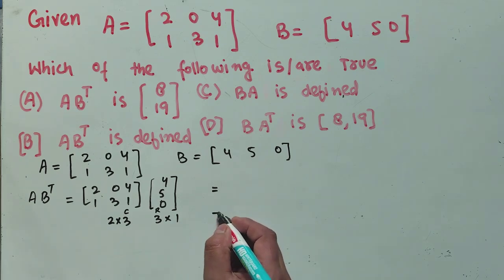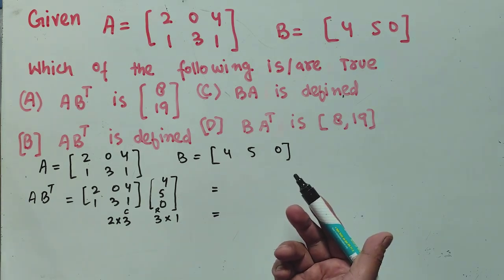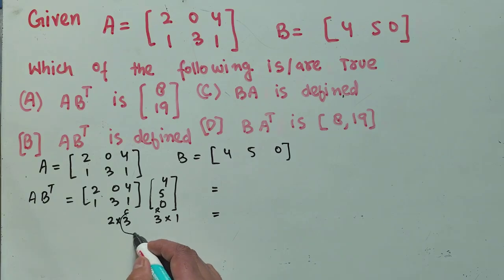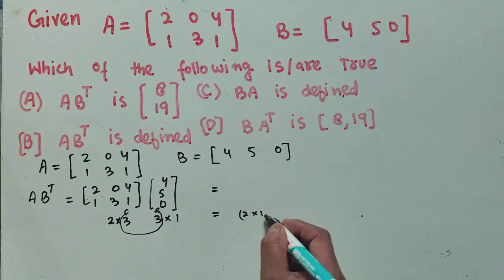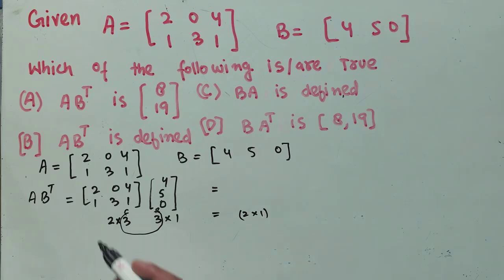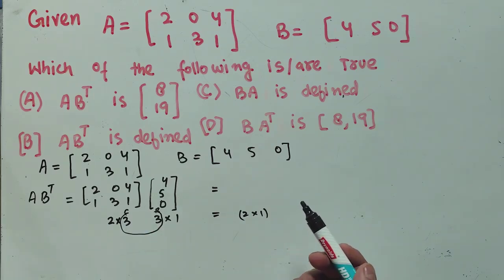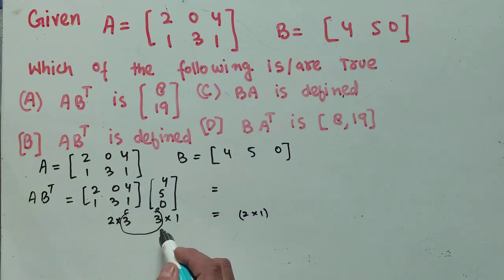And what will be the order of the product matrix? That will be 2 into 1, that means we will have 2 rows and 1 column. So let's do the multiplication. How do we do the multiplication? We multiply rows with the columns. So this row is to be multiplied with this column.